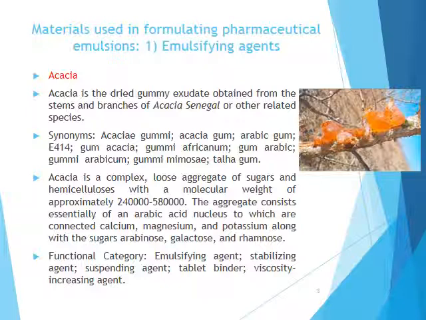So sometimes the excipient can be called by different names like Acacia gum, Arabic gum, E414, and so on. It's a very complex chemical compound, loose aggregates of sugars, hemicelluloses with high molecular weight, approximately 240,000 to 580,000 Daltons.